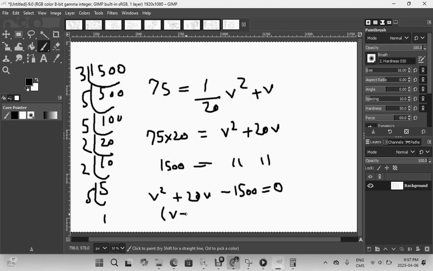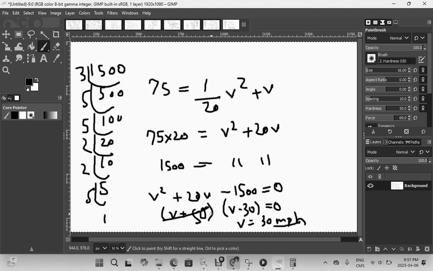So (v plus 50)(v minus 30). We know that our speed can't be negative, so you can cancel out this one. v minus 30 equals 0, so our speed will be 30 miles per hour.